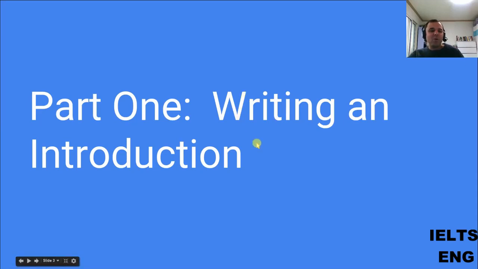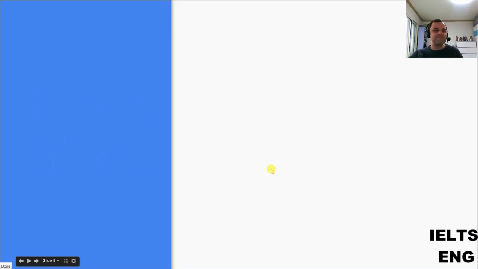So, once you've got the question and you've chosen a side and you've decided on a couple of supporting reasons, you have to start writing your essay. And of course, you start by writing an introduction. So how do you write an introduction? Well, the good news is that you can follow a template for your introduction.